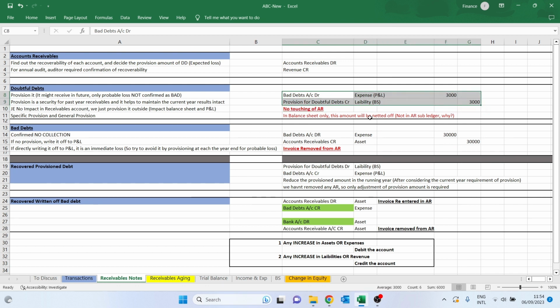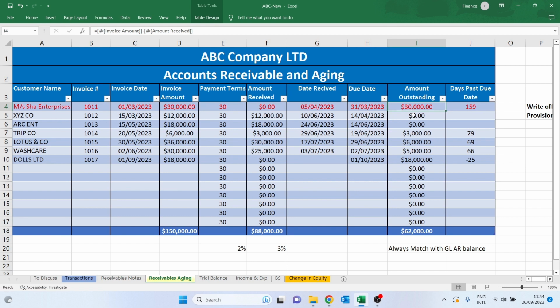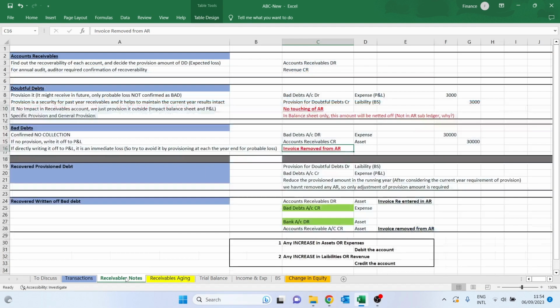Whatever loss comes will be adjusted against the liability we have created in the balance sheet. I think you have already understood this concept. During bad debt write-off, we are removing the concerned invoice from the accounts receivable.